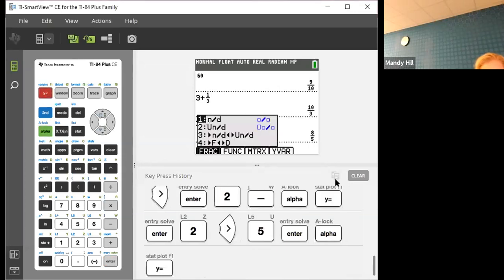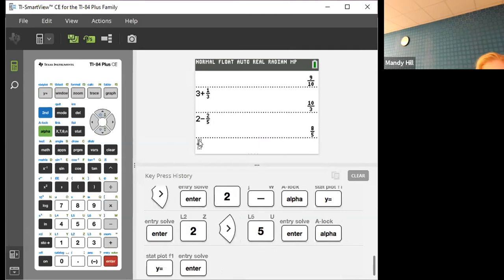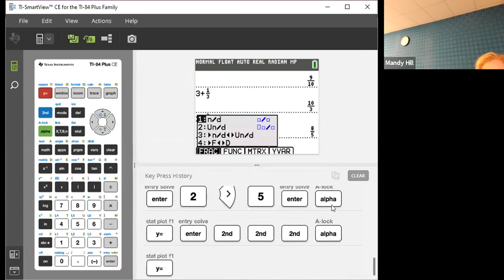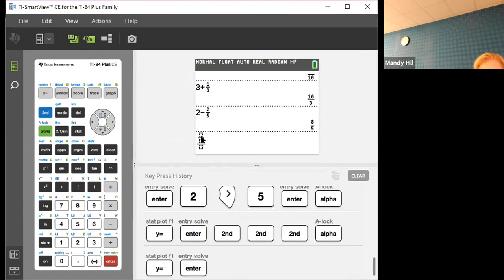I actually have a fraction inside of a fraction. So it was 10/3 divided by 8/5. So I'm going to hit alpha y equals again and hit enter, because that'll put a fraction on top of my fraction. So it was 10/3.